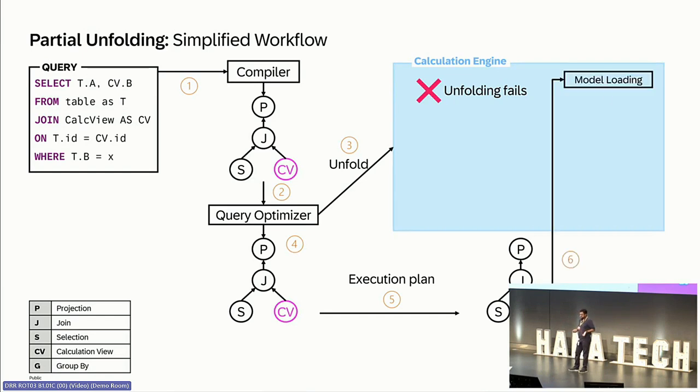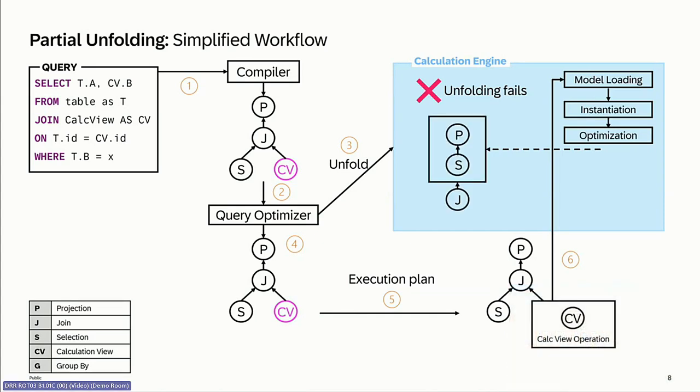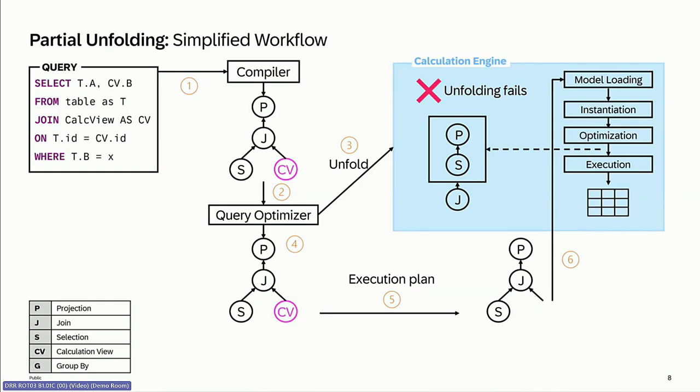The calculation engine is invoked to execute this small part, and it will do its workflow of instantiation, optimization, generation of a plan, execution, and generation of the intermediate result representing this part. This intermediate result will be given back in the form of what we call an internal table or ITAB, and the execution can carry on to perform the join, for example, here.